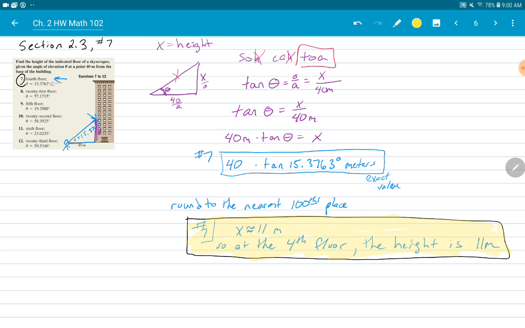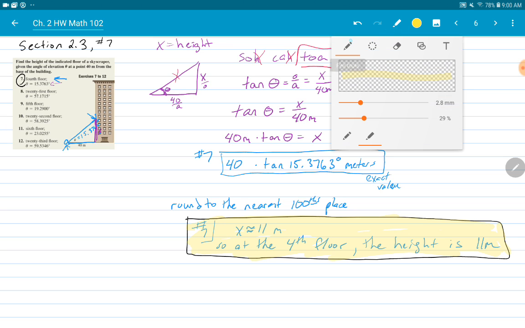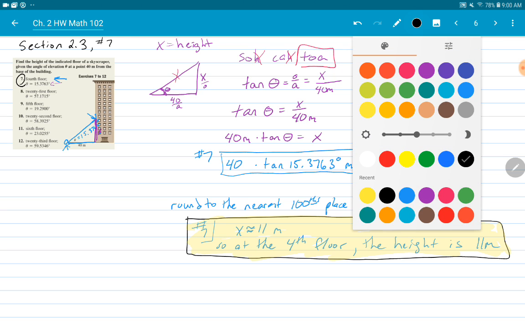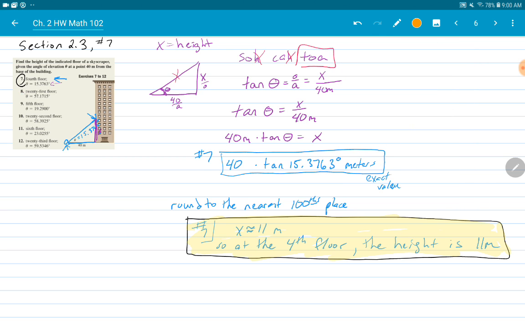Okay, when I go on to 8, 9, 10, 11, or 12, I can apply that same work that I just did. Let's do it in orange. So for example, number 8, it's going to be the same work up till this point when I solve for x. And the only thing that I'm going to change is the theta.